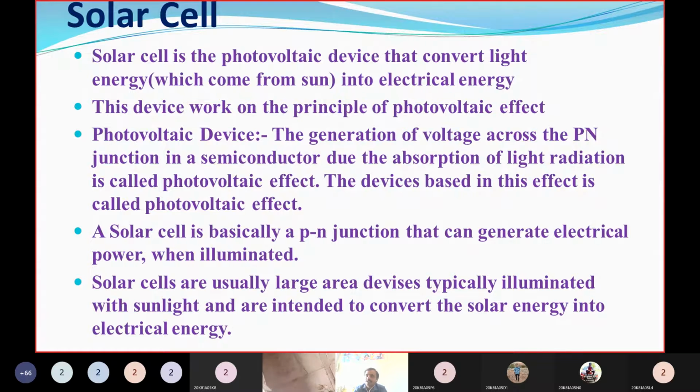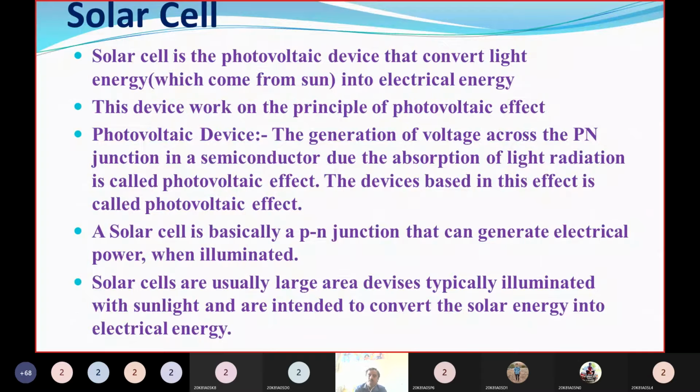That mode we call photovoltaic mode. We will not connect any external voltage source, and we will connect the load resistance. That is the difference between the photodiode and solar cell.